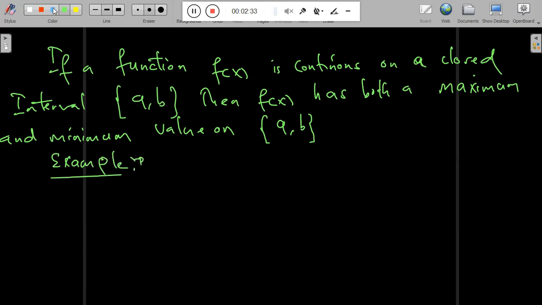The highest is known as the absolute maximum value, and the lowest one is known as the absolute minimum value of the function.